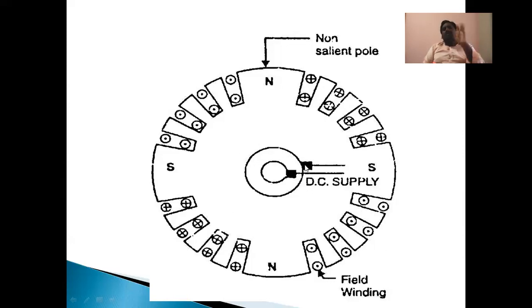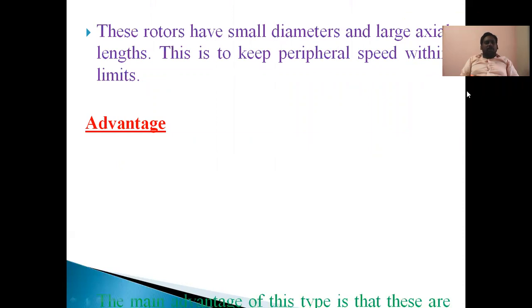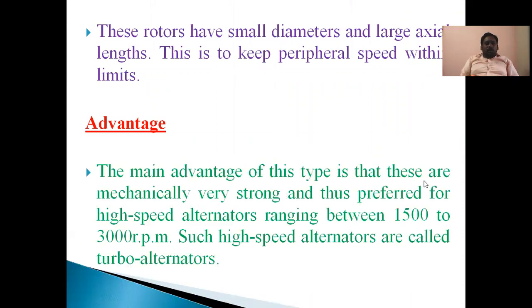All these are advantages. That's why these are mechanically very strong and are preferred for high speed alternators ranging between 1500 to 3000 RPM. Such high speed alternators are called turbo alternators.